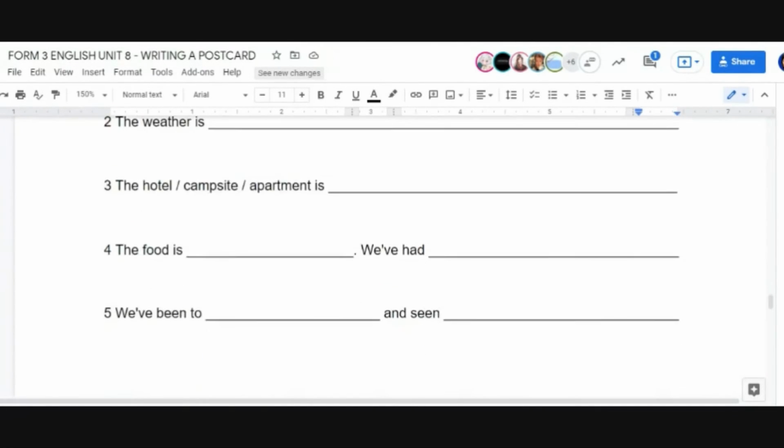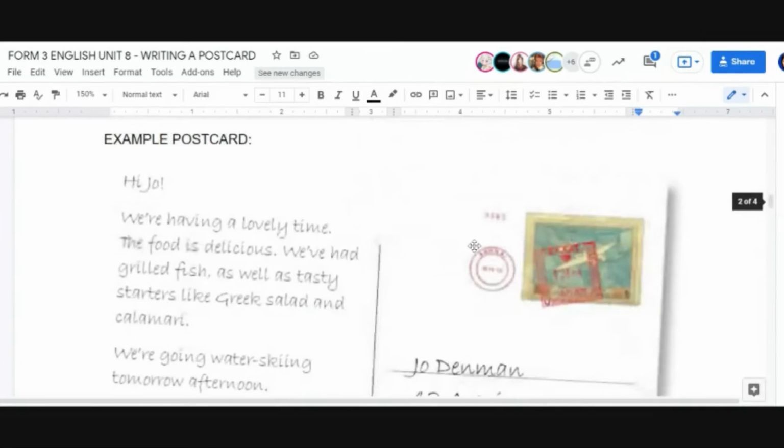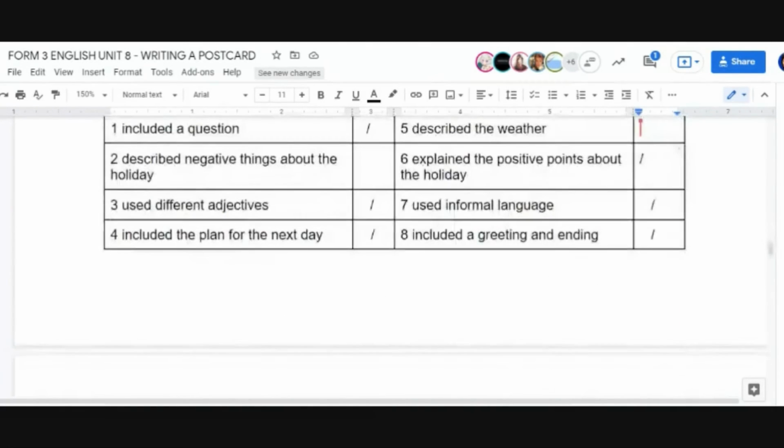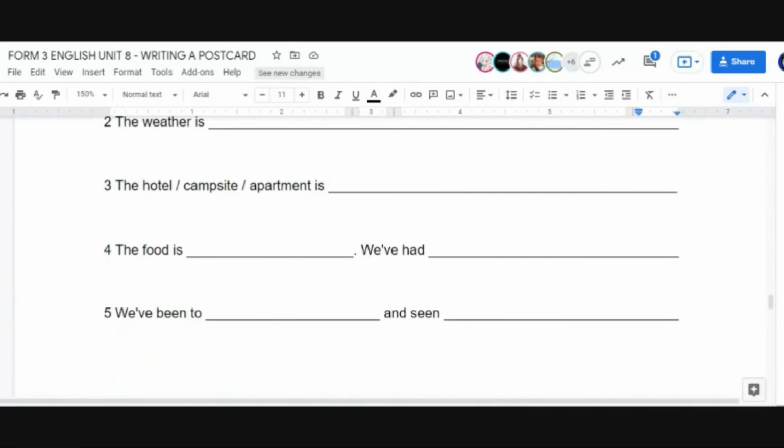Okay. Number four, the food is, describe the food. Okay. We have had, okay, so in this part you should write what food you have enjoyed, like the example postcard. The food is delicious. We've had grilled fish as well as tasty starters like Greek salad and calamari. Okay, so you can write like this also.